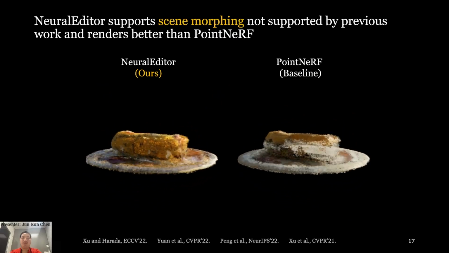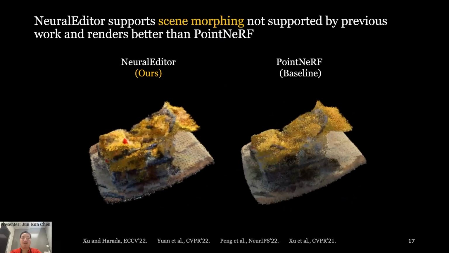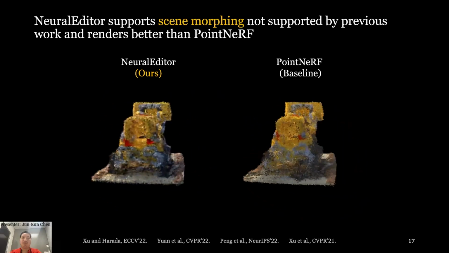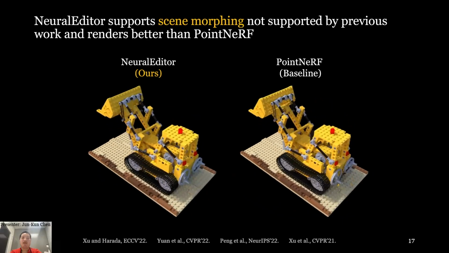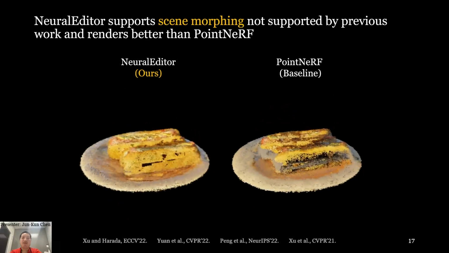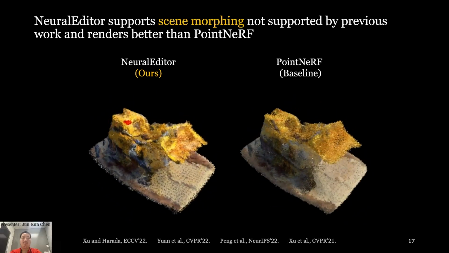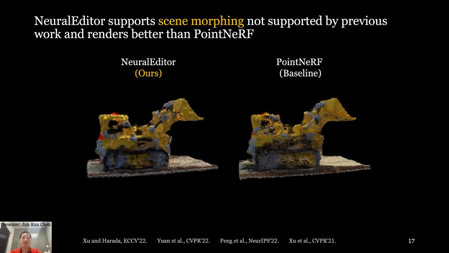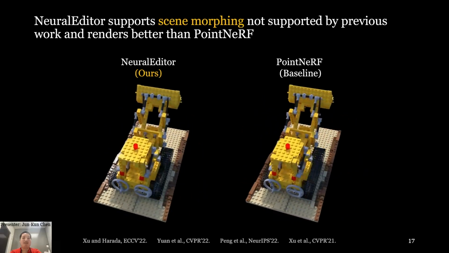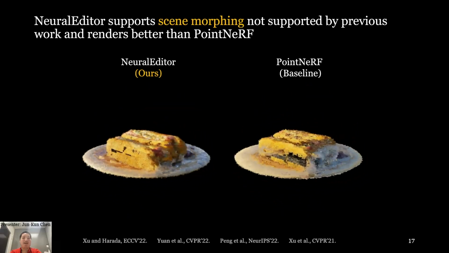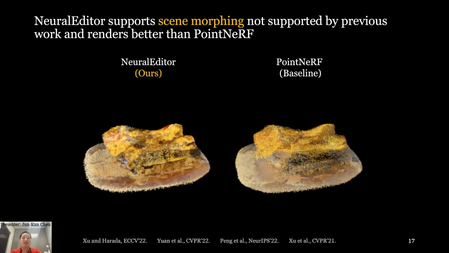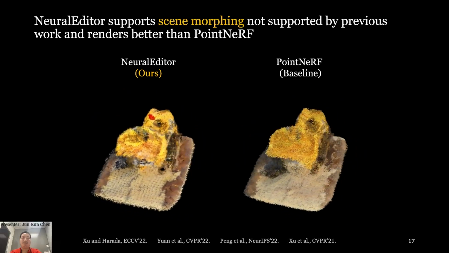Our NeuralEditor even supports scene morphing that was never studied or supported by any previous work. Also, we render better results than Point-NeRF, which contain blurry textures, shadows, and gloomy non-smooth colors, while our NeuralEditor always renders with clear texture and bright colors.